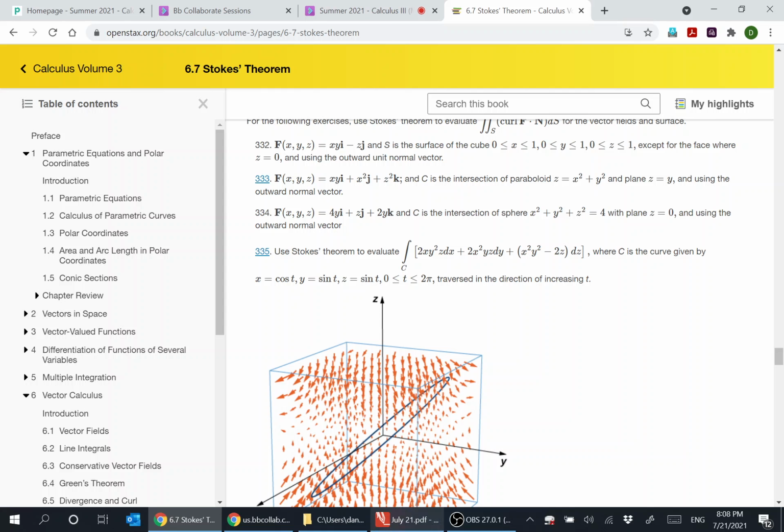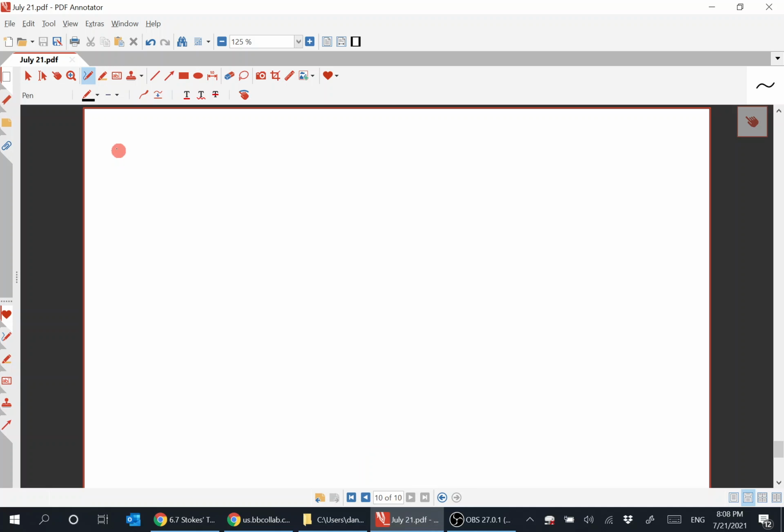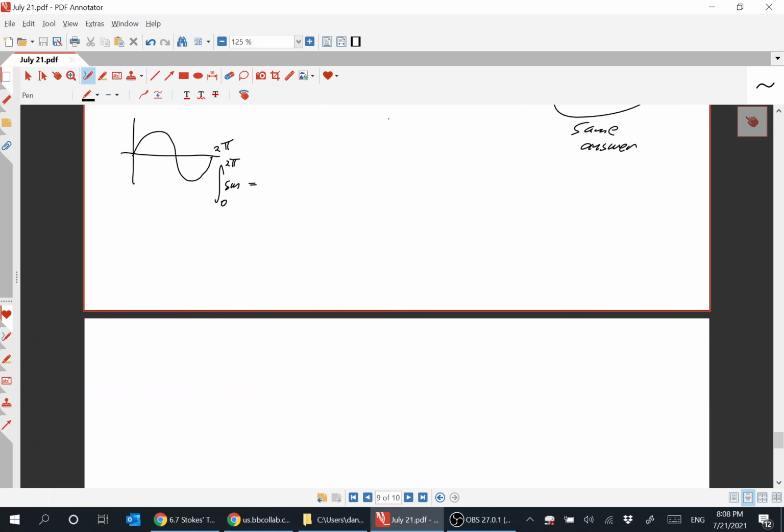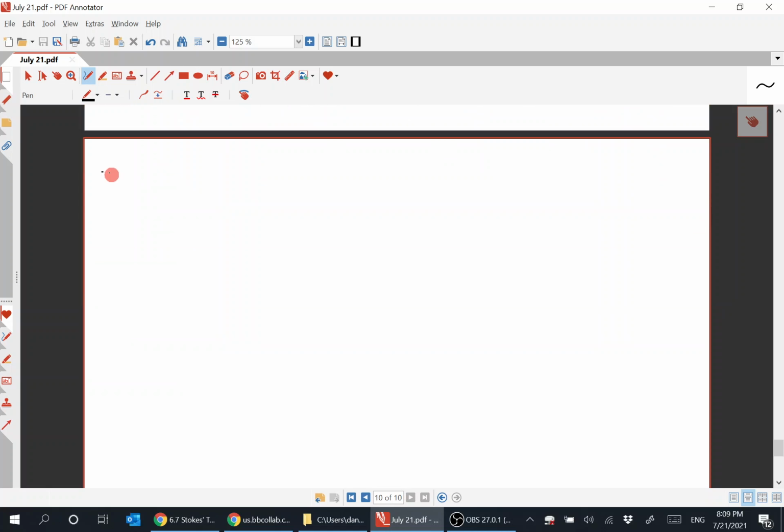So in 335, notice that they give you the line integral over C of P dx plus Q dy plus R dz.